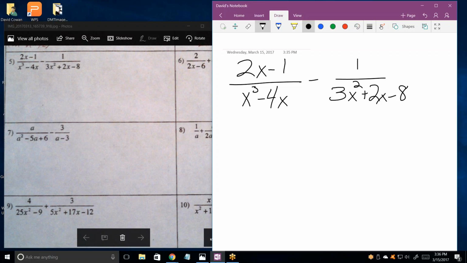Let's factor the left. Okay. So we're going to factor the left side first? The left denominator. I can't factor the numerator, but I can factor the denominator. What's the greatest common factor you can remove? The x. Okay, so it becomes x times x squared minus 4.